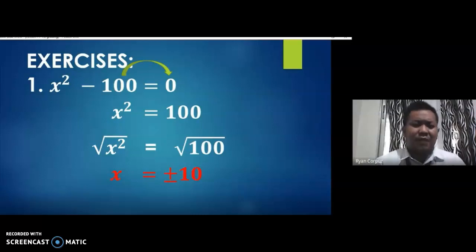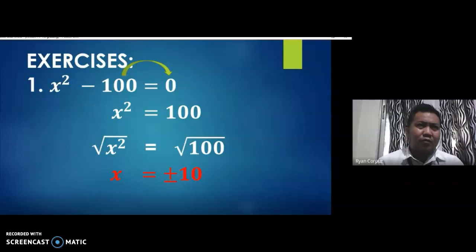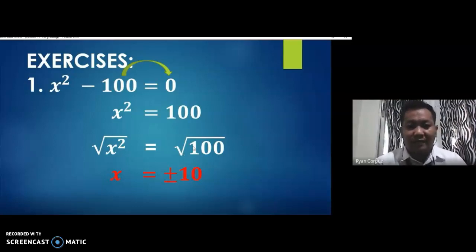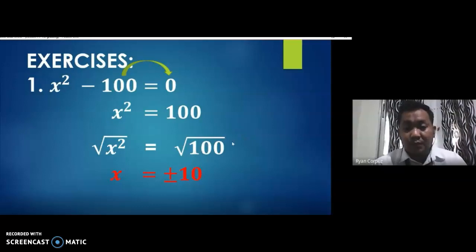Why positive and negative 10? When you say square root, that is the number that when you multiply it by itself, the answer is the one inside the radical sign. So if you multiply positive 10 times positive 10, that would be equal to 100.